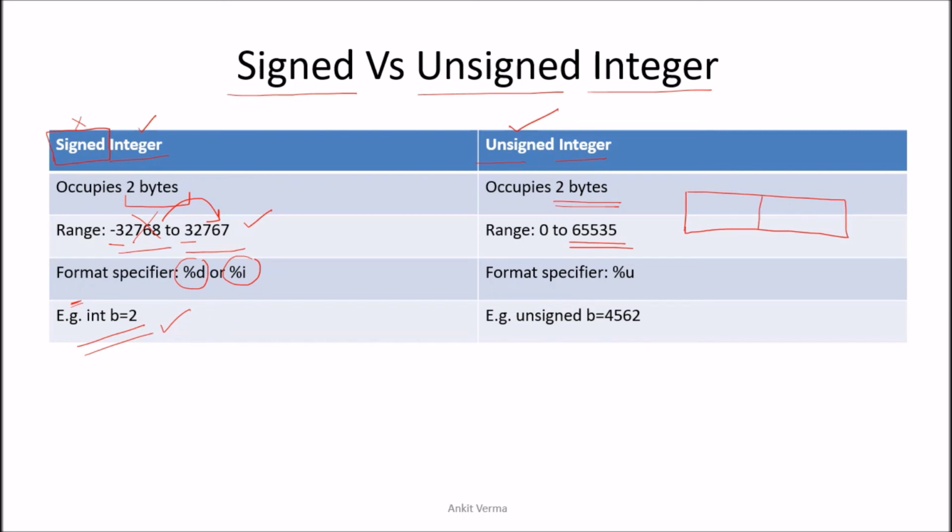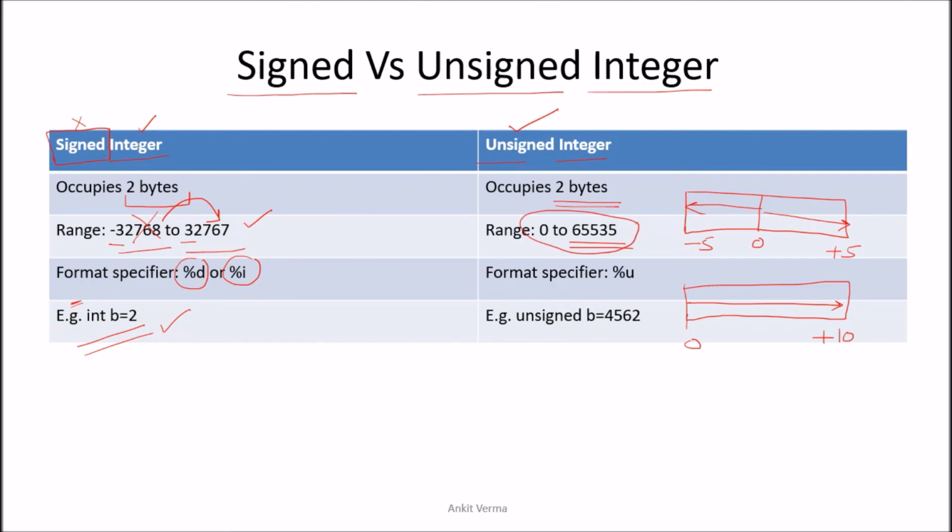If I start from here, 0 is this way. So I can go to minus and I can go to plus. Suppose this is minus 5 and this is plus 5. So the whole memory was 10. But if in the same memory I treat this one as 0, I can go up to positive 10.